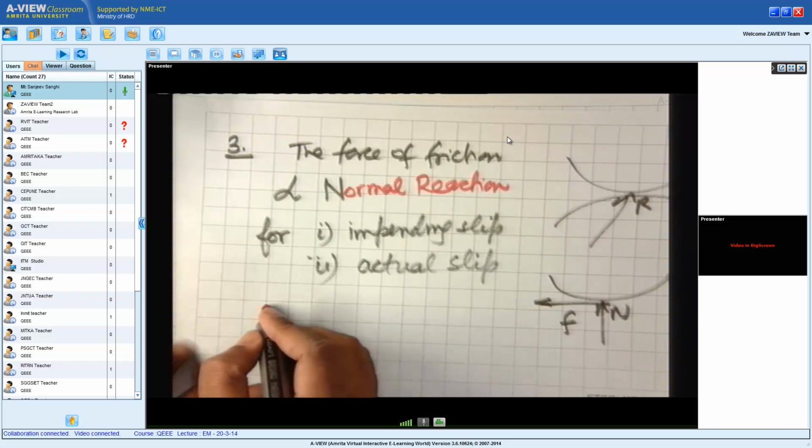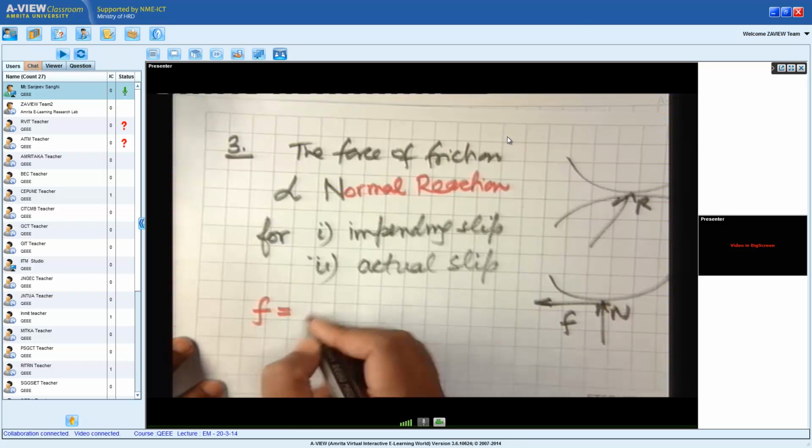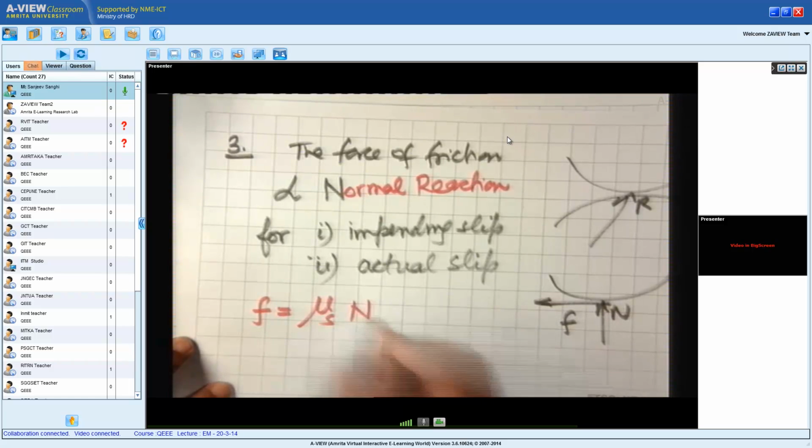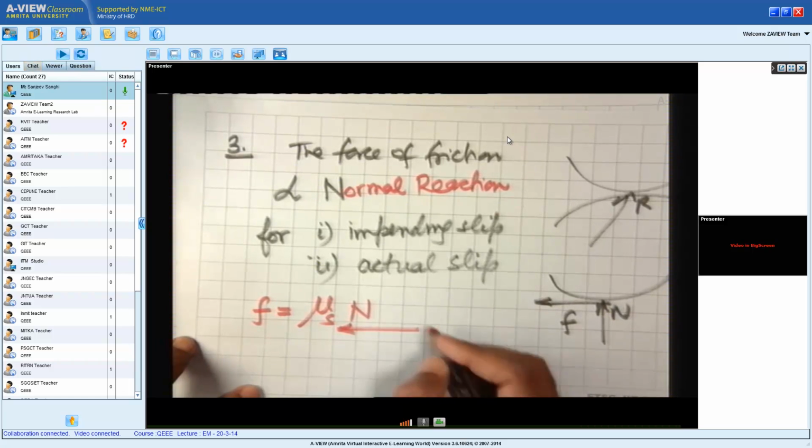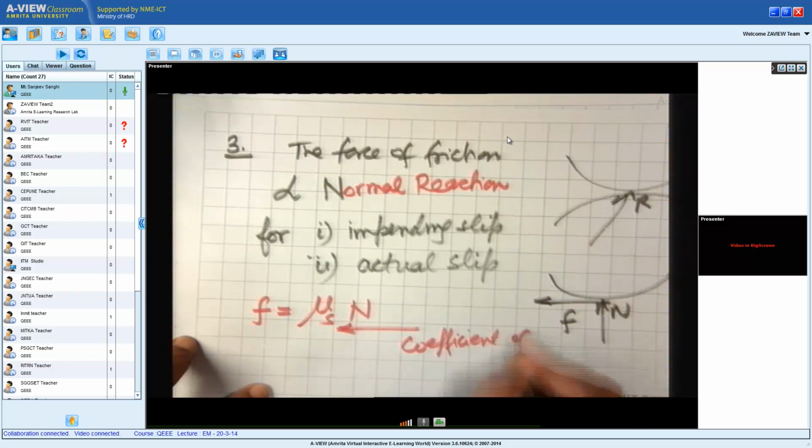In case of impending slip, the constant of proportionality is called the coefficient of static friction.